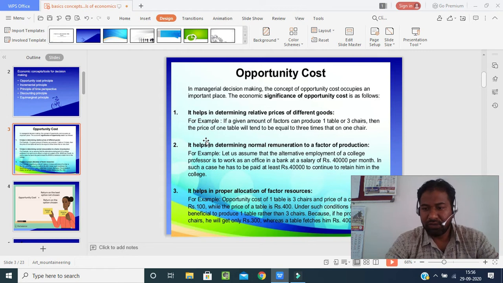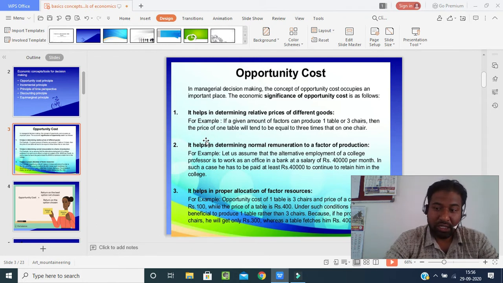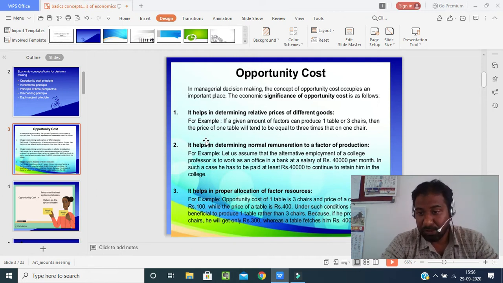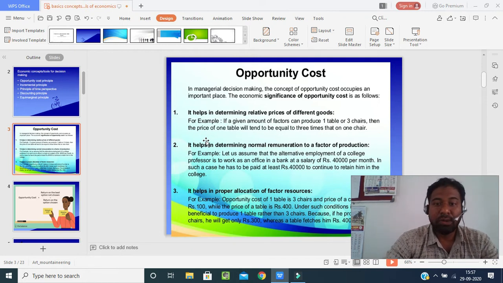The decision is: shall we keep it as cash in hand, or keep it in the bank as a fixed deposit where we can get a high rate of interest, or invest the amount in a product, where that product will bring huge returns after one year? Depending on these things, the opportunity cost comes in.